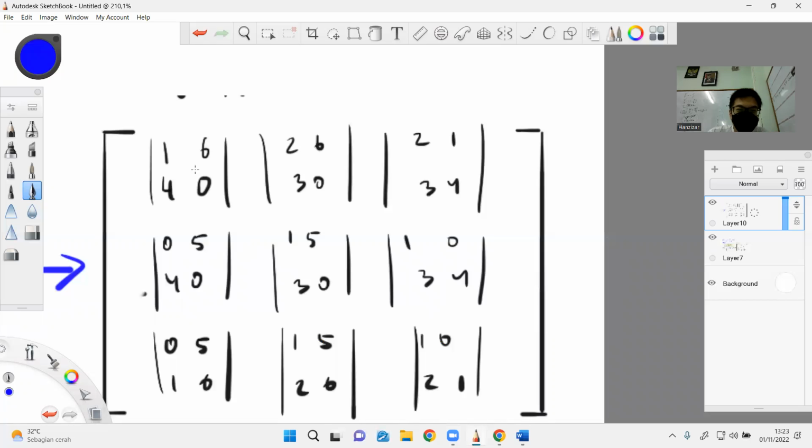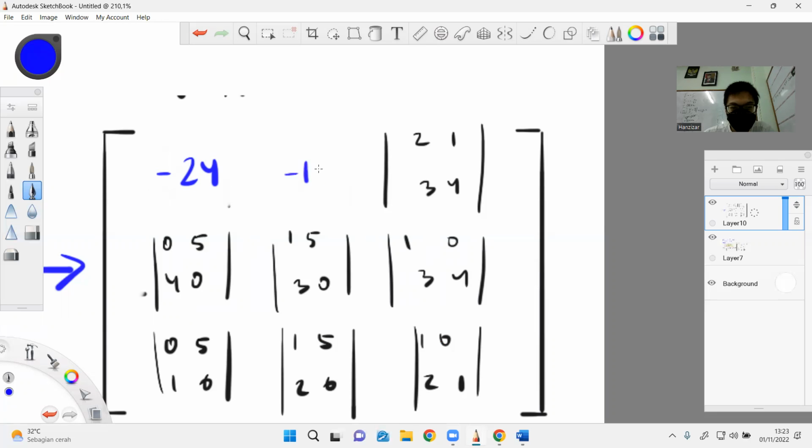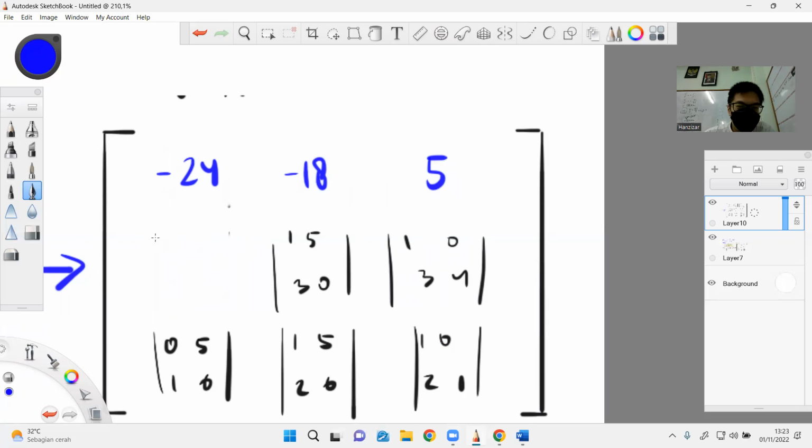Okay, 1 times 0, 0 minus 24, right? 0 subtract 24. You get negative 24. 0 subtract 18, negative 18. Okay, and then 8 minus 3, 5. 0 minus 20, minus 20, I mean. 0 minus 15, negative 15. 4 minus 0, 4.